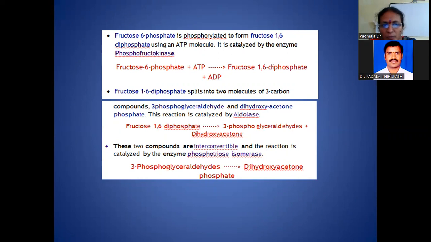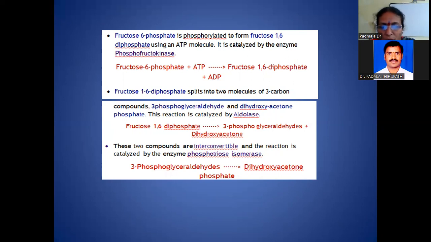This fructose 1,6-bisphosphate splits into two molecules of 3-carbon compounds, 3-phosphoglyceraldehyde and dihydroxyacetone phosphate. So they may ask that glyceraldehyde is a 3-carbon compound, and dihydroxyacetone phosphate is a 3-carbon compound. This is catalyzed by the enzyme aldolase.